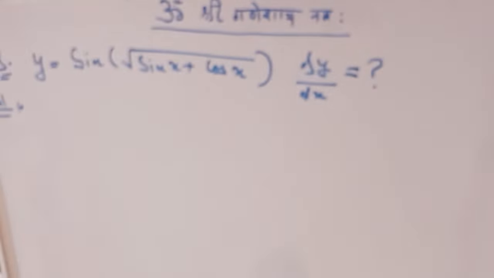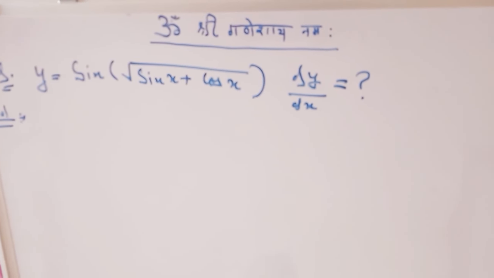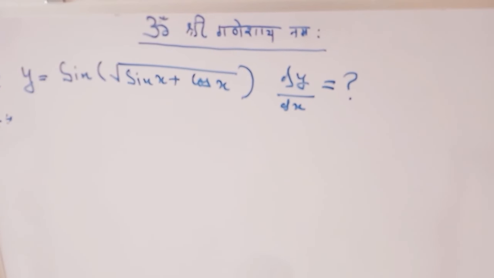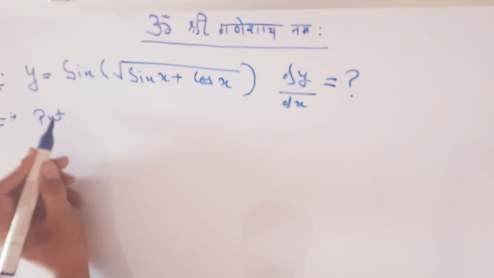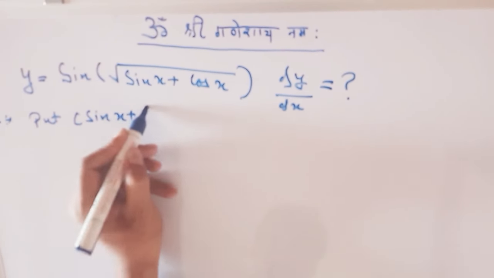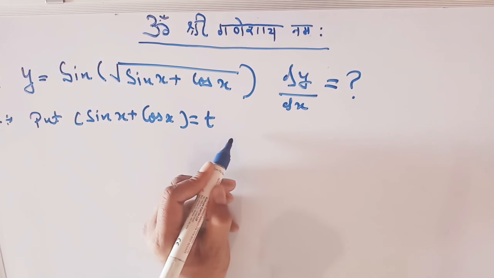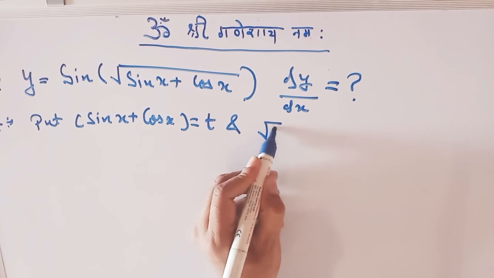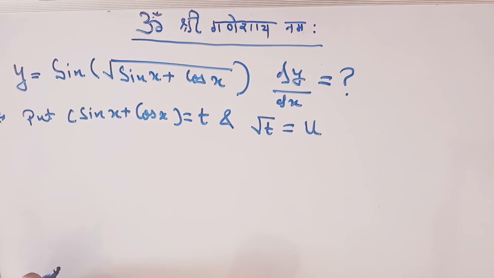This is our next question. y is equal to sine root of sine x plus cos x, and we have to find dy upon dx. Let's start. First, put sine x plus cos x is equal to t, and root t we will put as u.